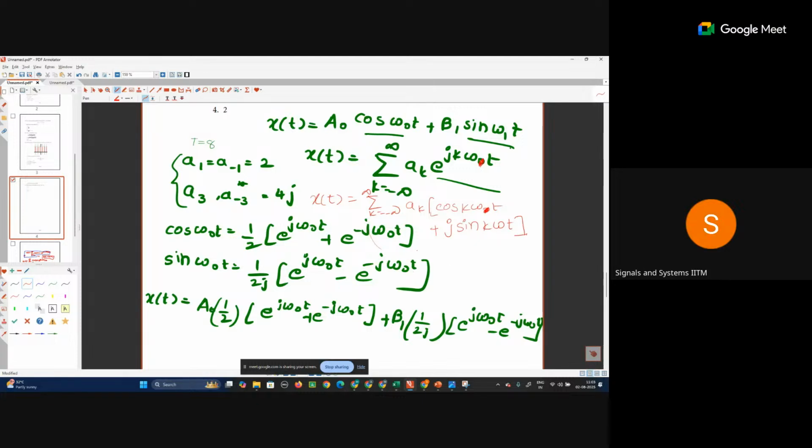We have to split it, and as a result we get the sum over k from minus infinity to infinity of ak cos k omega t plus j times the sum of sine k omega t. Here ak is multiplied in common, no?